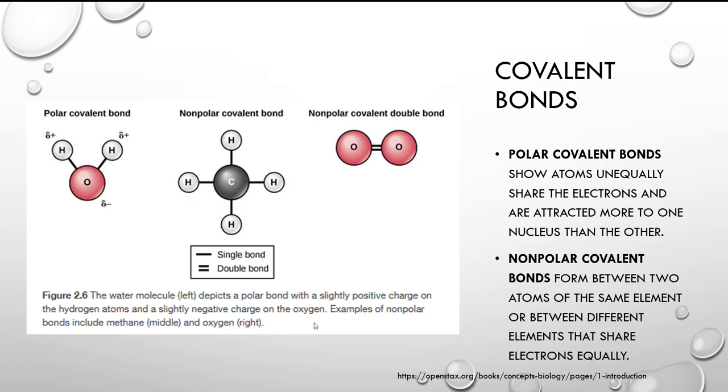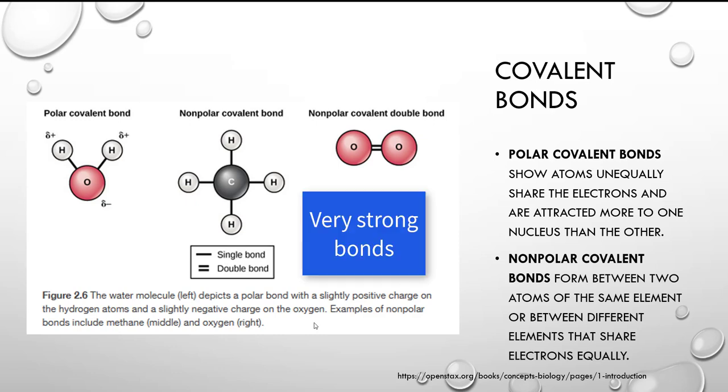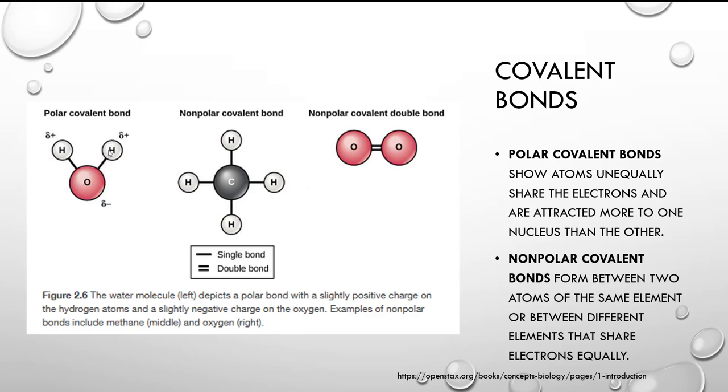Now these particular bonds are very, very strong. Covalent bonds are really strong because if oxygen loses the electron it's sharing with hydrogen, then suddenly its outermost shell is not filled, and it can't share it anymore.